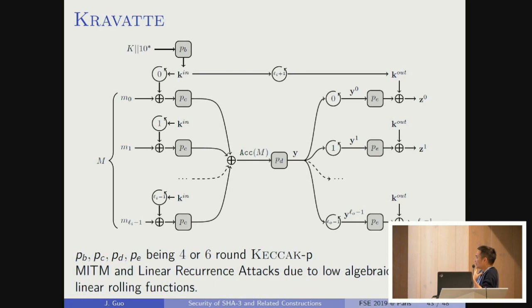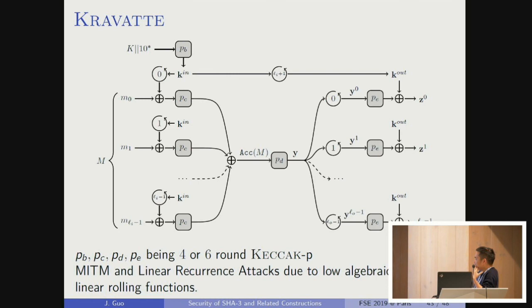Okay, the underlying permutations are K-P. The number of rounds is either 4 or 6, and the rolling functions are linear at the very beginning, but after the attack, the rolling function will switch to nonlinear functions. The general idea is that you have an accumulator here, which is linear.